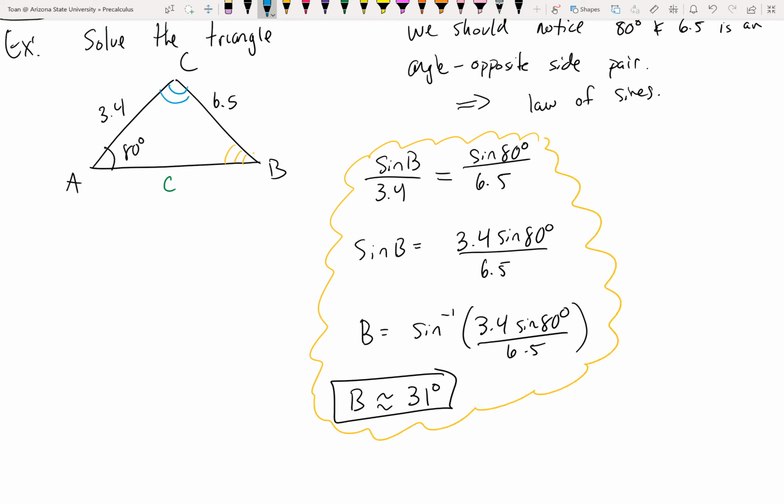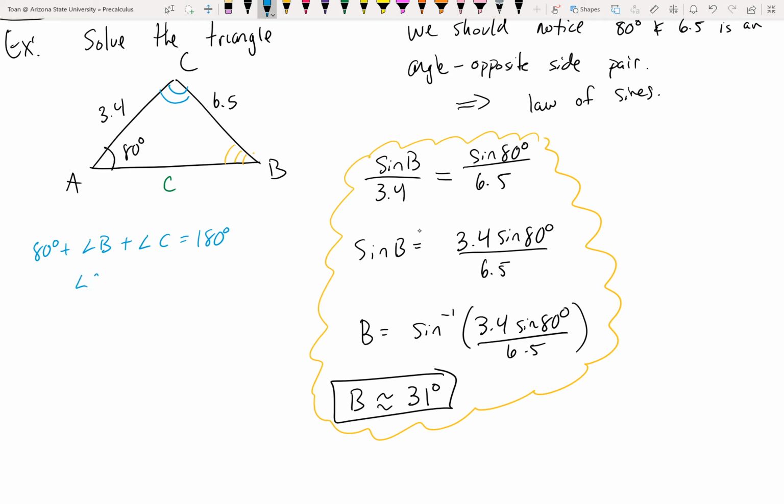Now, once you have angle B, notice you have 2 out of the 3 sides of a triangle. We have this guy and we have this guy. So that should be very easy to solve for angle C. So for angle C, we should know that 80 degrees plus angle B plus angle C should be 180. That's the geometrical idea of a triangle. The sum of the interior angles should equal 180 degrees.